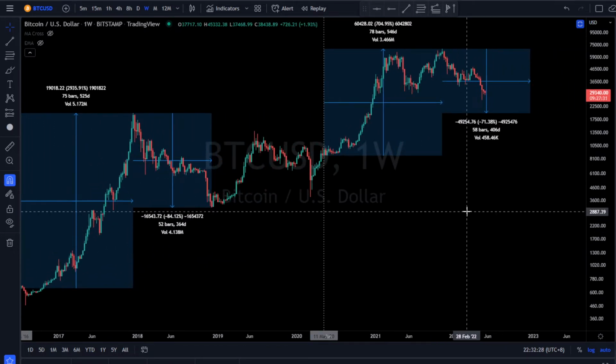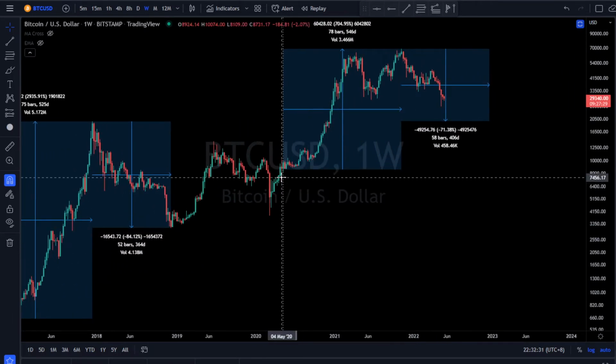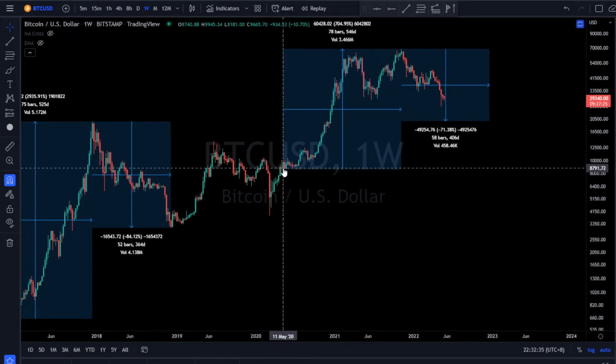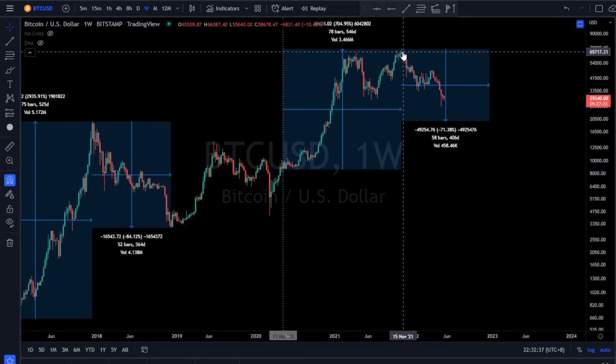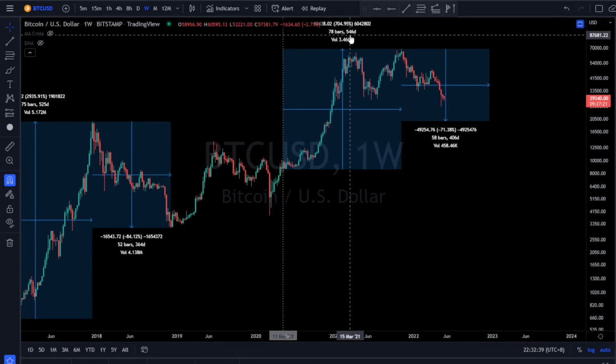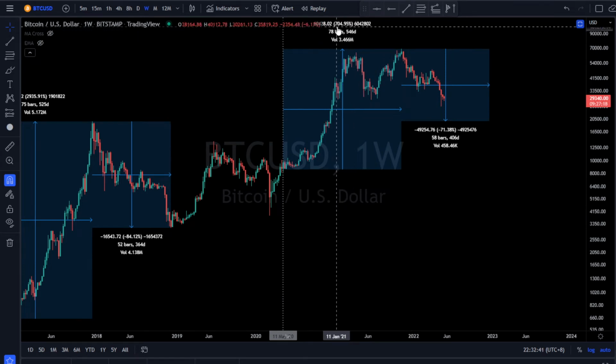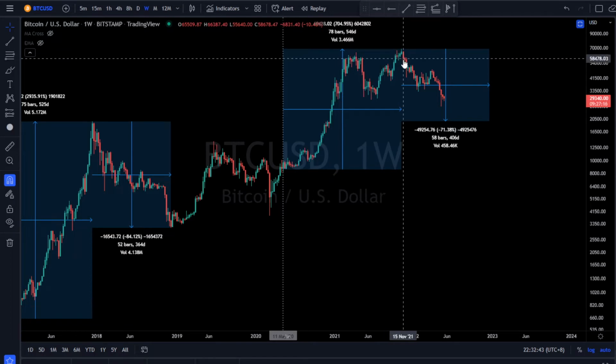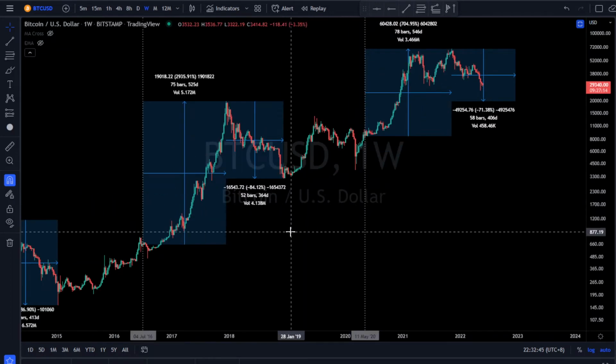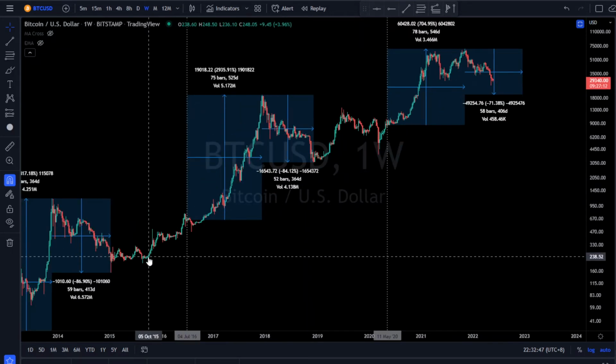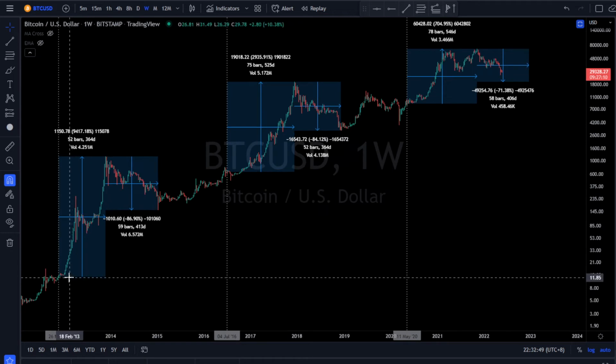So what happened in this current cycle, 11 May 2020 was the halving. Since then, we made a high in 500 plus days, 546 days, and about 700% return. So it seems like the cycles are getting slightly longer.